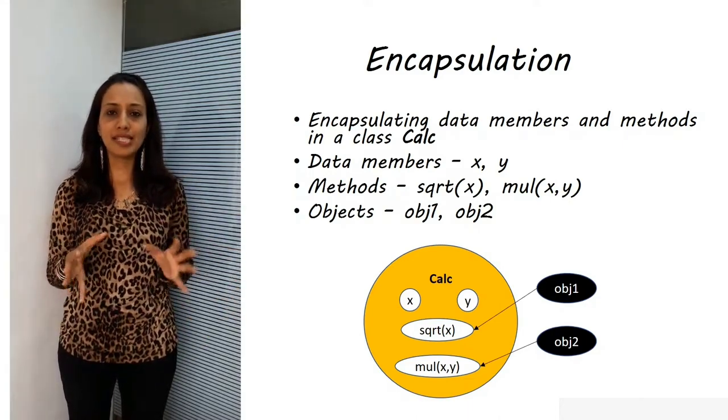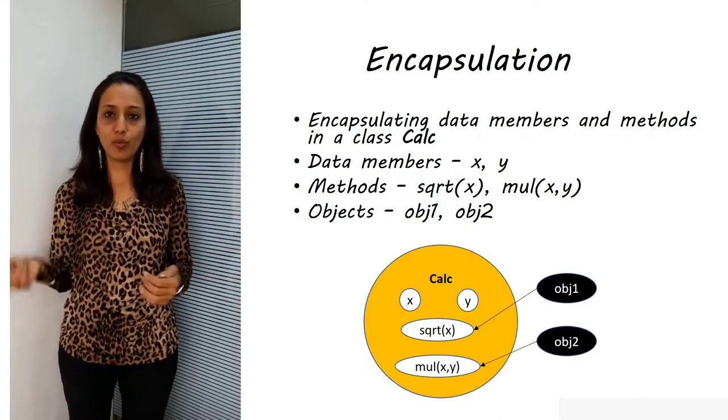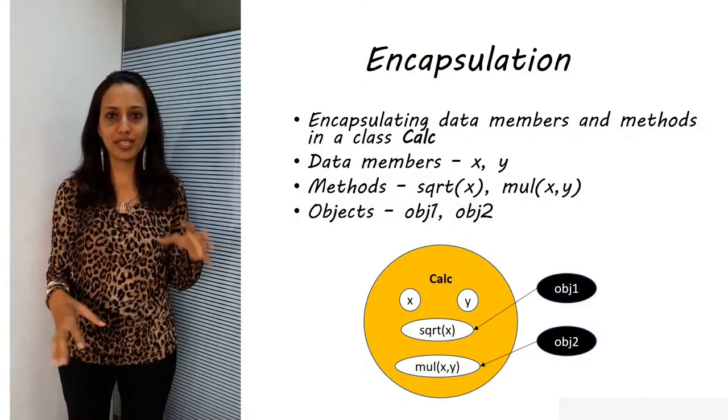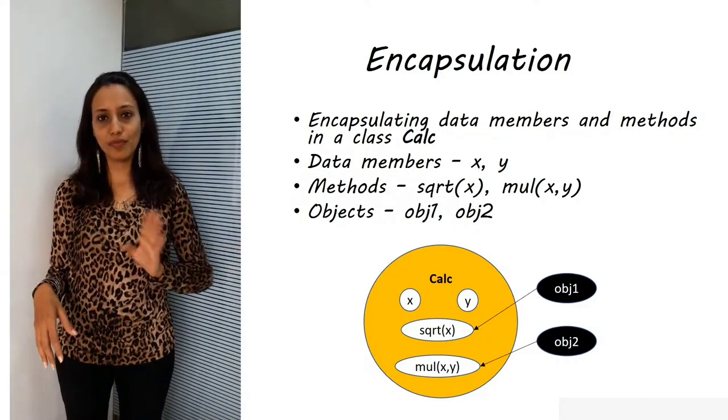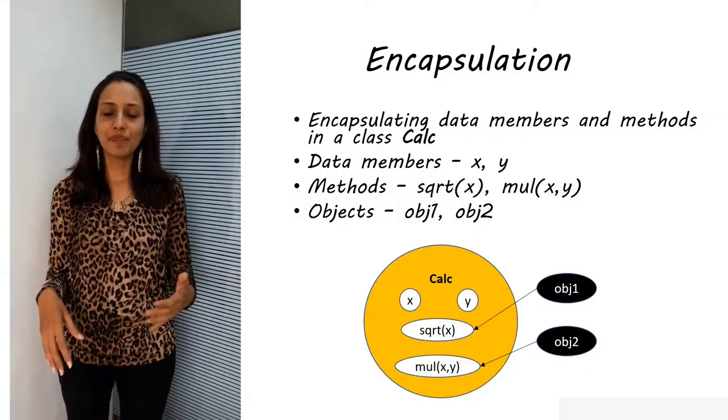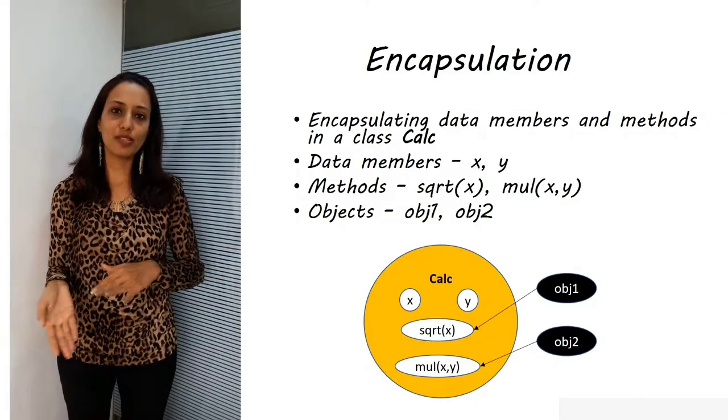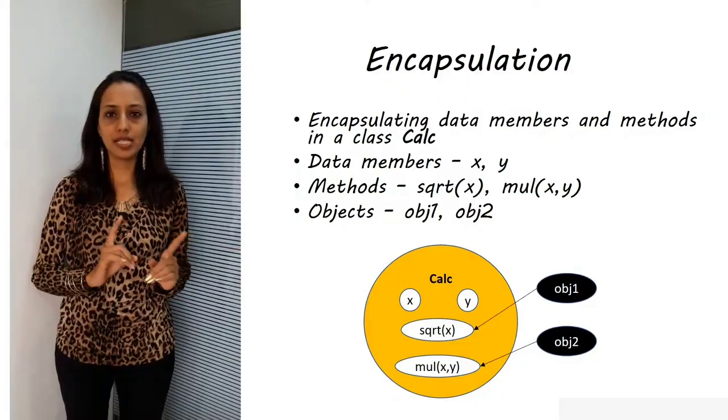You can see that we have created 2 objects, obj1 and obj2, and obj1 is allowed access to the first method, sqrt, and obj2 is allowed access to the method mul.